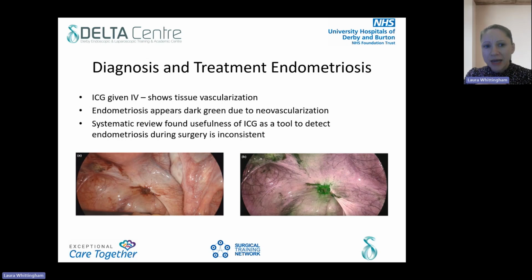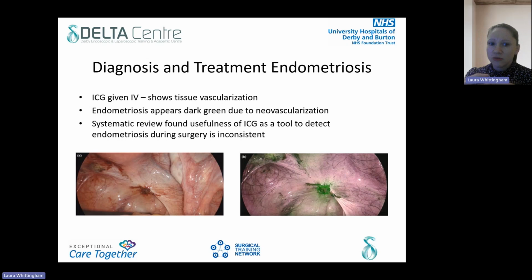It has been trialled to diagnose and treat endometriosis. ICG is given intravenously, and because endometrial tissue has more vascularization, the endometrial tissue will be a darker colour green because of the neovascularization.